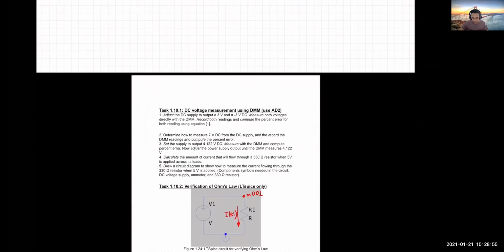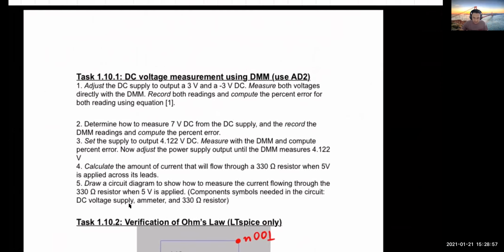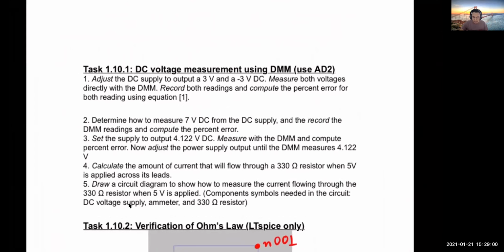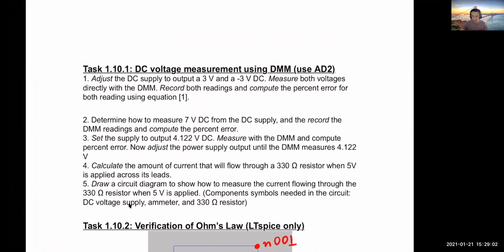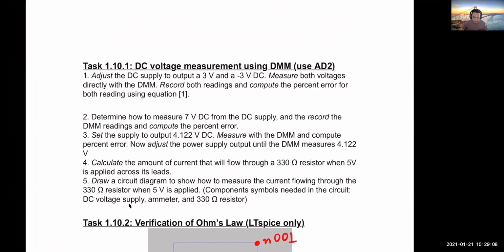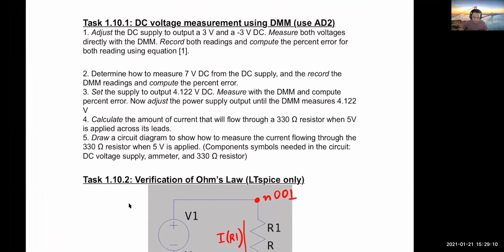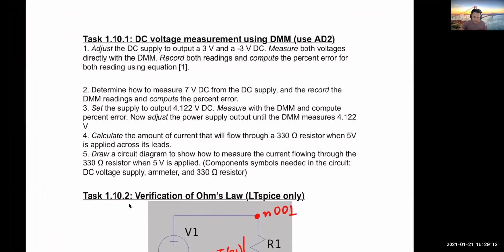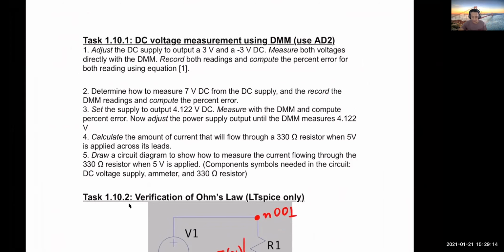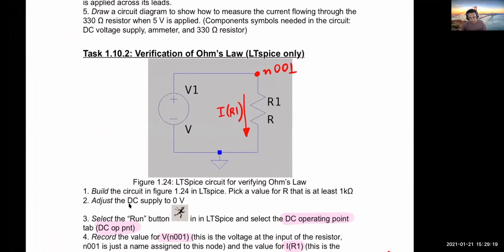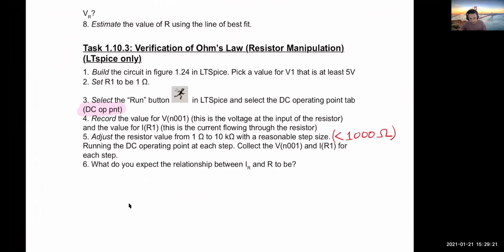Now let's look at the lab and what you're going to do. For the folks who have the 82 and all of the kits that you need, you'll be doing this version of the lab. The first task is a hands-on task with the 82 and all of the kit. The second two tasks are all LTspice based.